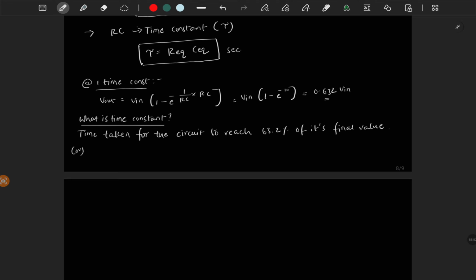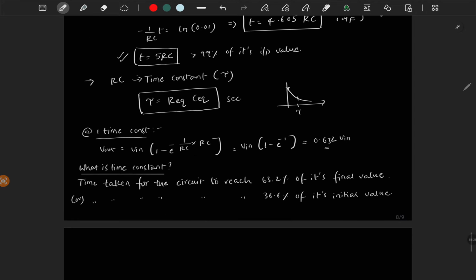If we have a capacitor that starts discharging, we define the time constant here also: it is the time taken for the circuit to reach 36.8% of its initial value. So these are the definitions of time constant, and they differ in the two cases.